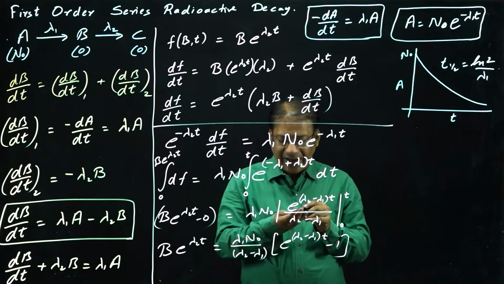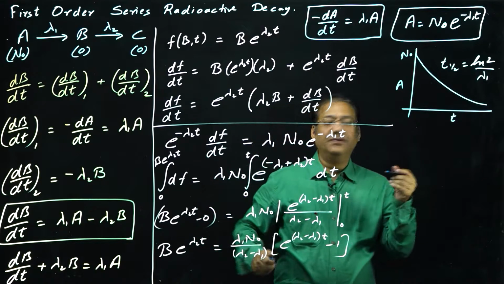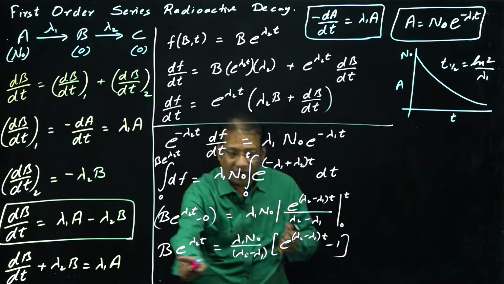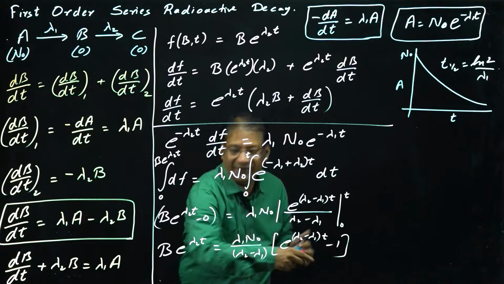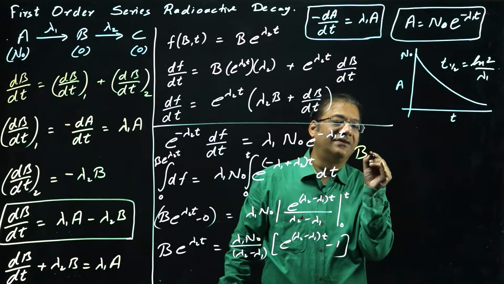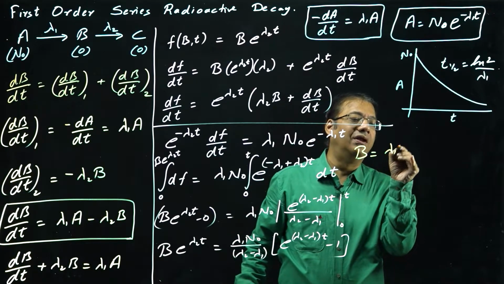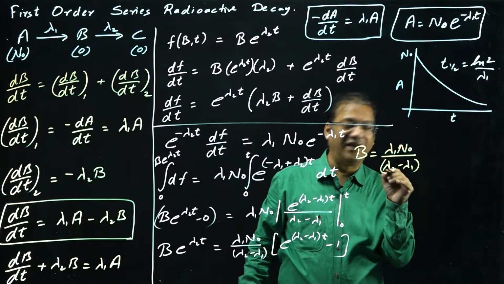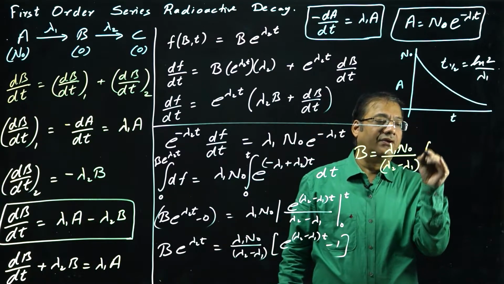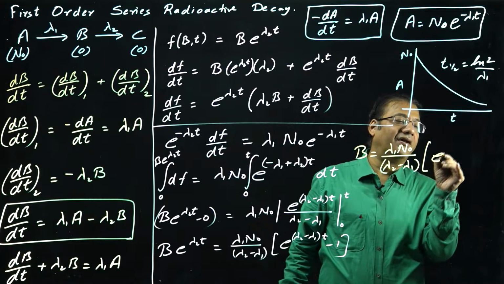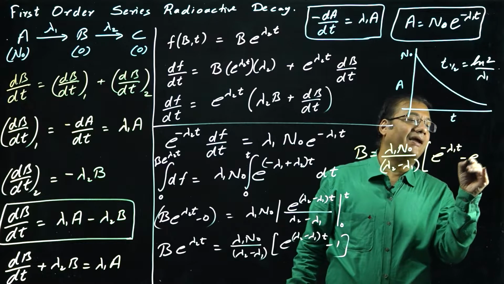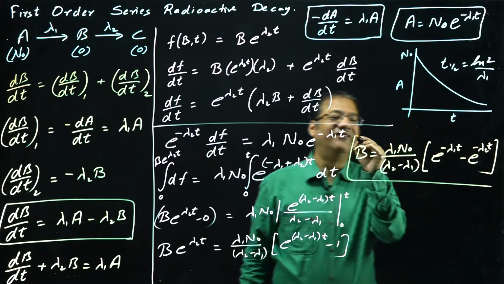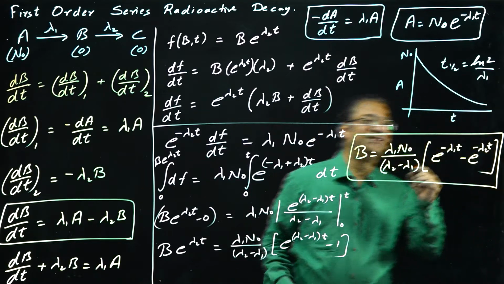Simplify it for b and you will get this value of b. b is equal to e^(-λ2 t) transposed here, and it looks like this. b is equal to λ1 N0 upon (λ2 - λ1) into the bracket, e^(-λ1 t) minus e^(-λ2 t). This is the variation of b with time.